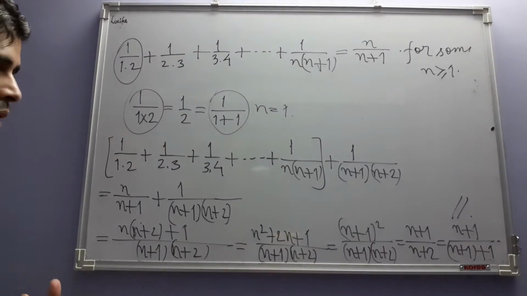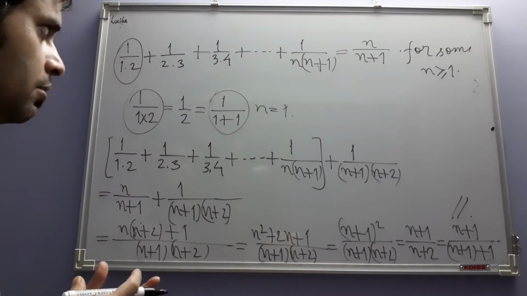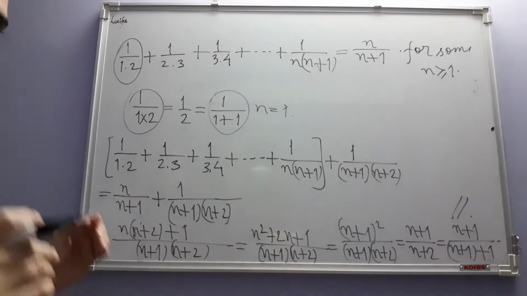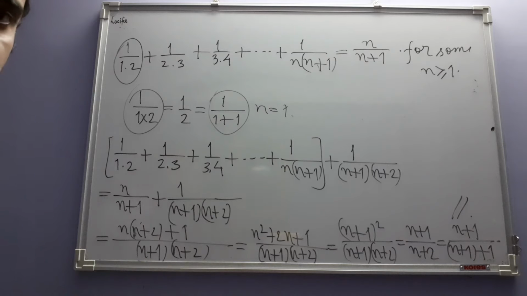So you can see that what seems like a rather complicated thing to apply mathematical induction is actually pretty easy once you get the point and once you know what to do.